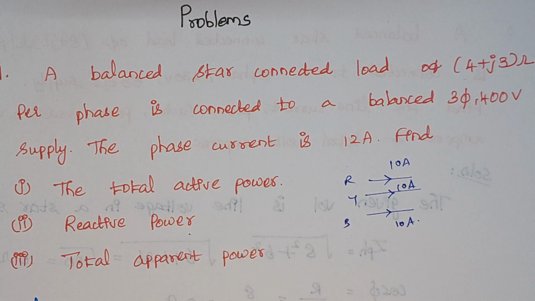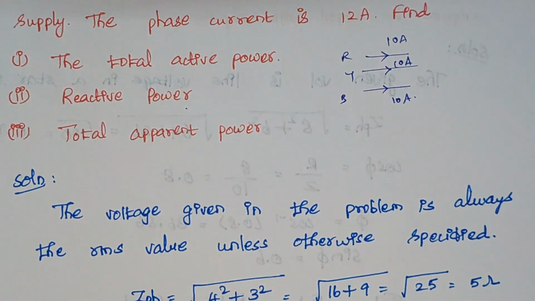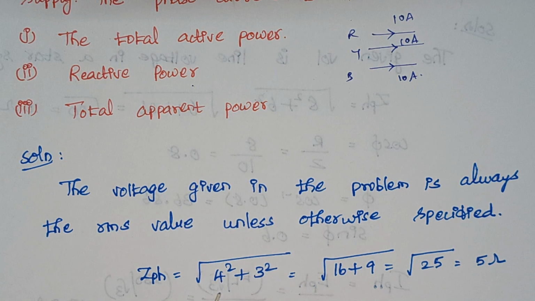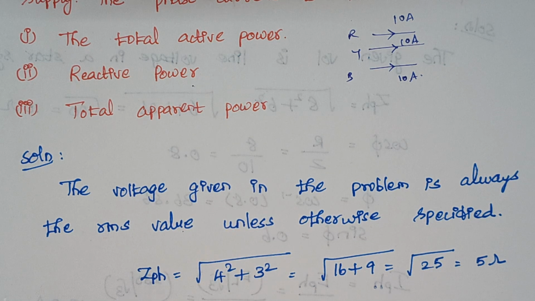So now we will proceed to find the active power, reactive power and the apparent power. This problem is based upon pure formula. Once you know the formula, you can easily calculate all the values. A key thing to note is that the value given in the problem is always the RMS value, that is root mean square value.